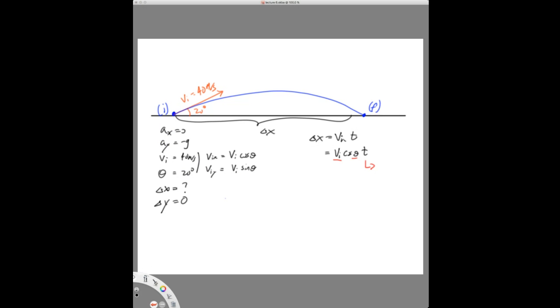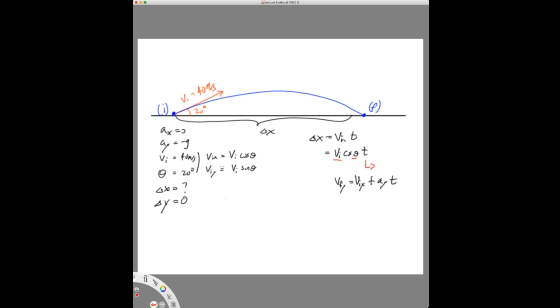So using the second equation, we would say VFY equals VIY plus AYT. And we check, do we know everything? Do we know VFY? No. Do we know VIY?